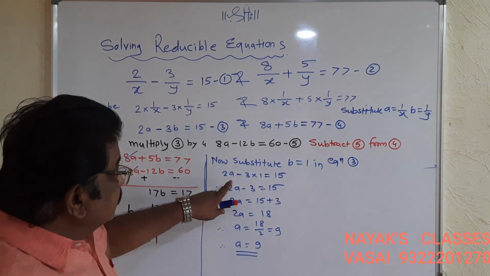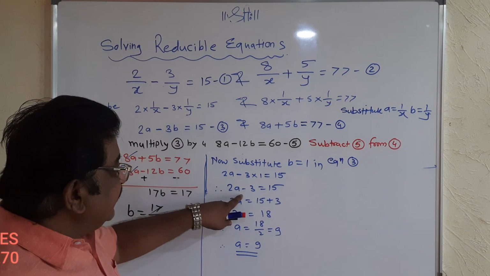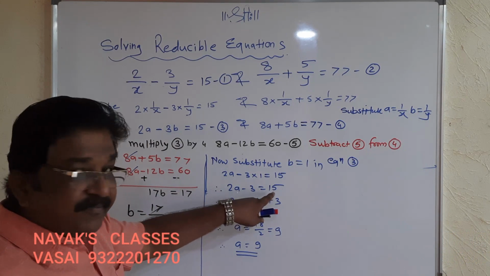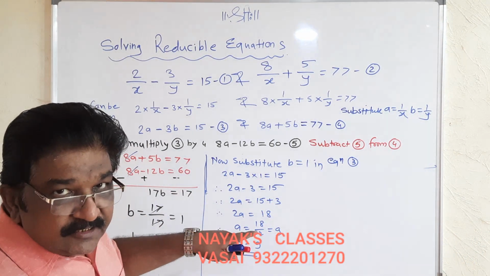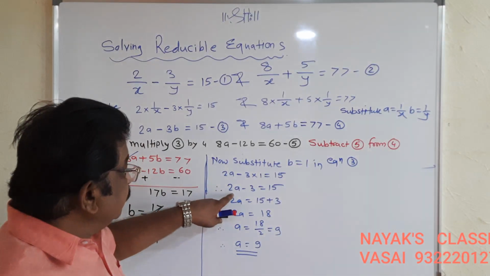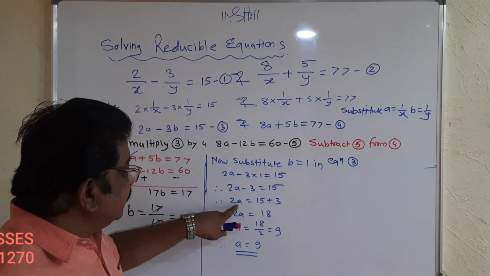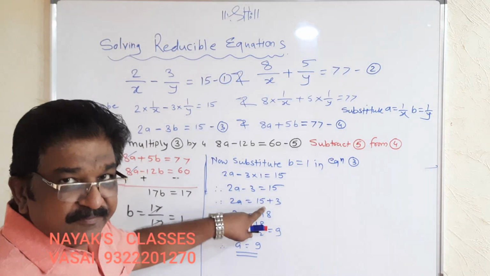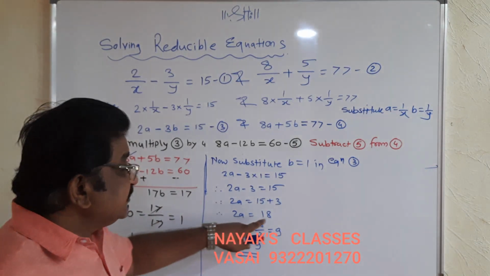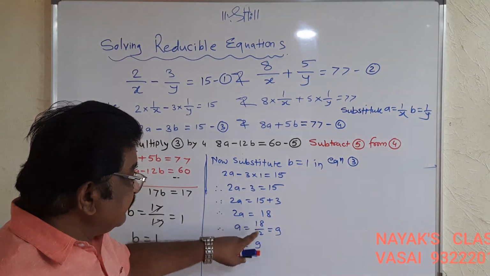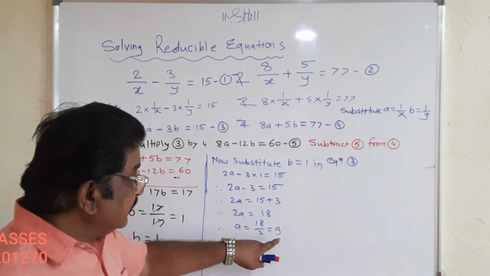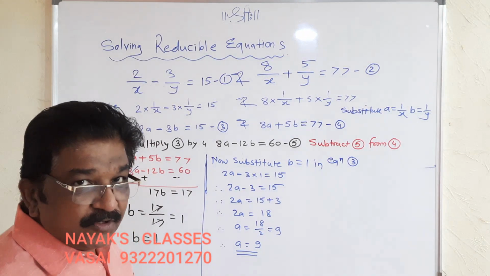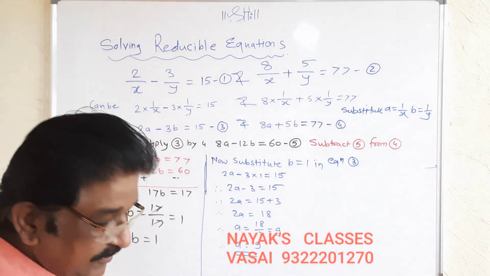So 2a minus 3 is equal to 15. Sign change, side change: 2a is equal to 15 plus 3, and 2a is equal to 18. a is equal to 18 upon 2, and lastly we got the value of a as 9.